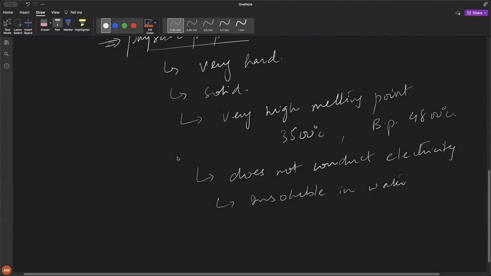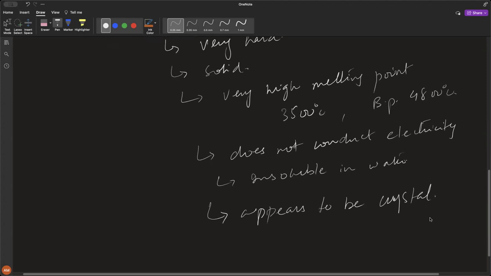Another important thing, diamond appears in a crystal form, right? Now, why is diamond like this?